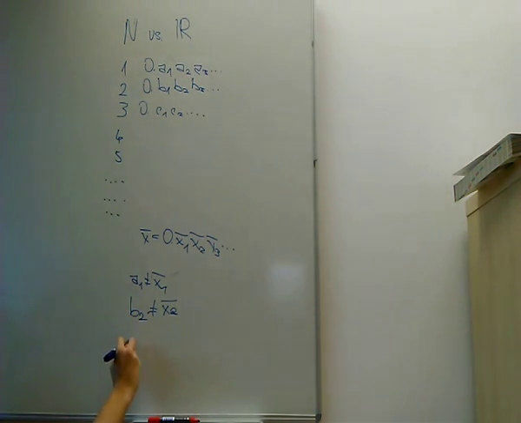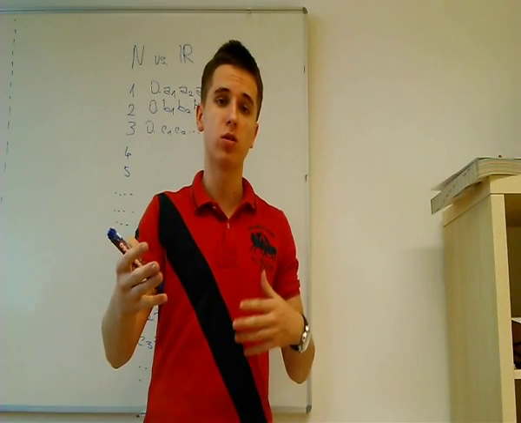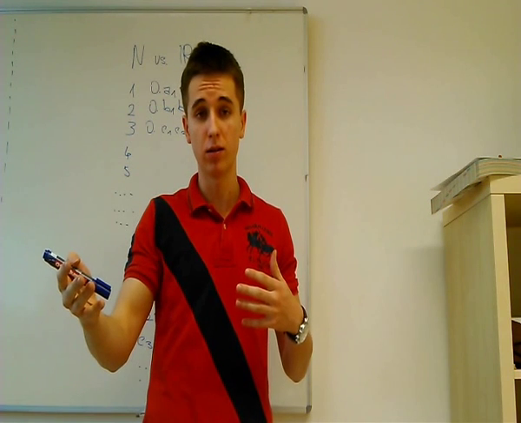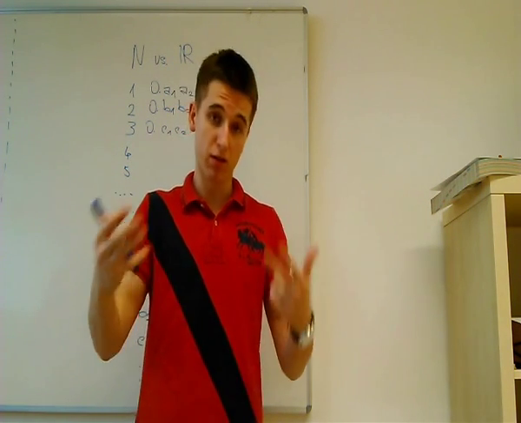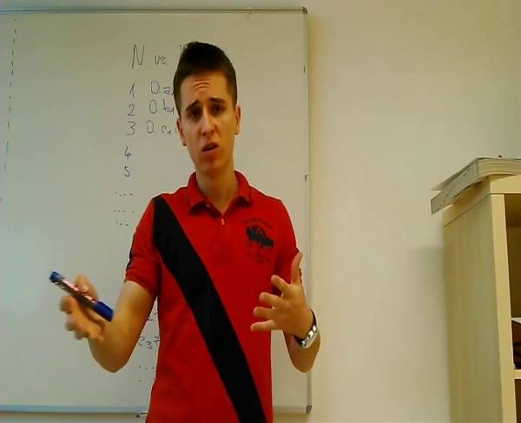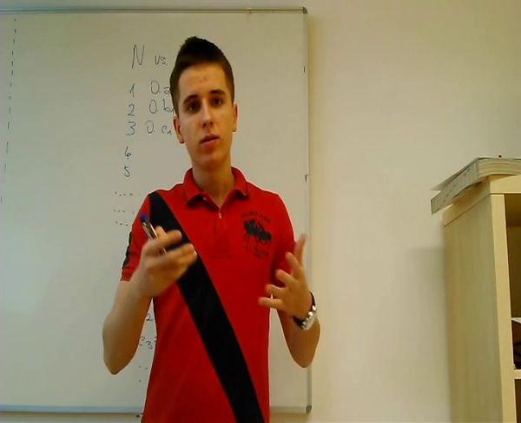The same thing I can do with x bar 3 and C3 and x bar 4 and D4 and keep doing it basically forever. The most important thing about this is that the property that I made up for every decimal digit guarantees that x bar is not included in the set of all real numbers.